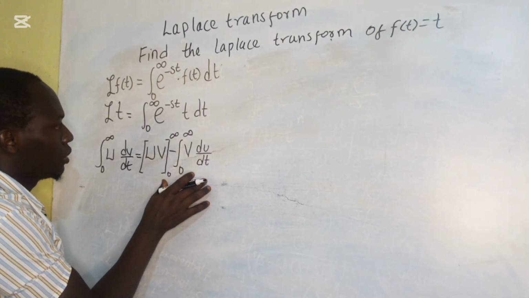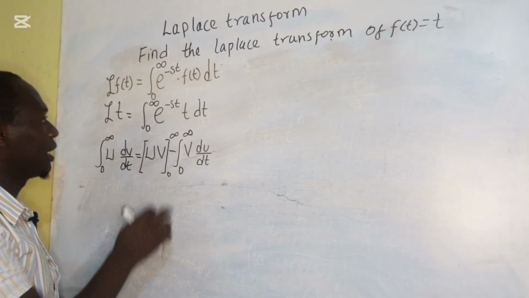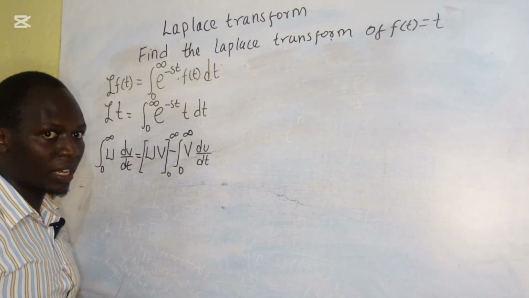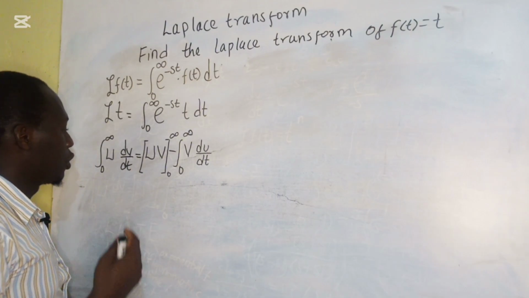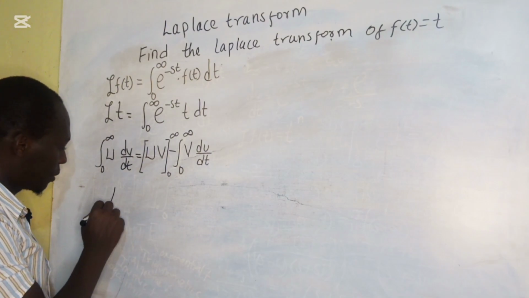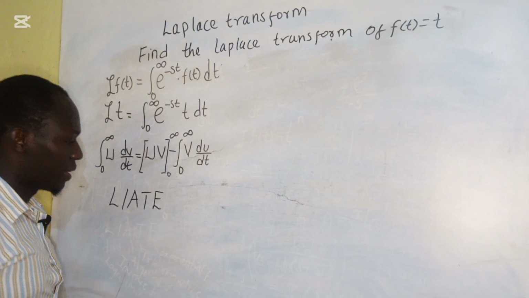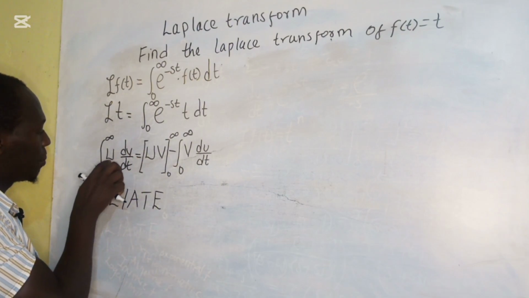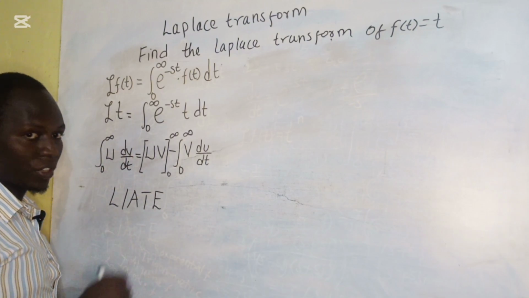Once you've understood the formula, the next thing we need to understand is that between the exponential, the trigonometric function, and the algebra, which one becomes the u and which one becomes dv with respect to dt.